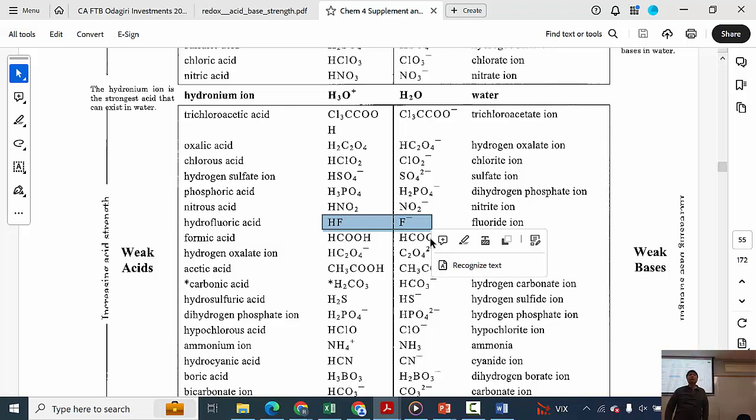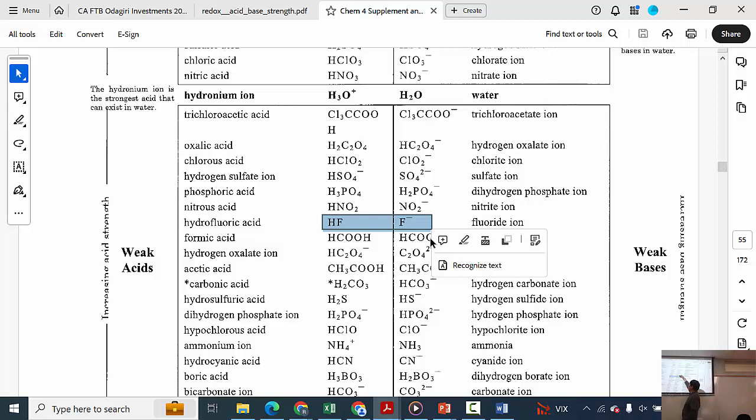If HF and fluoride react, we form fluoride and HF. Nothing changes, because if we donate the hydrogen to fluoride, then we have HF, and the other is left as fluoride because we're donating an H+. So we get no reaction. We start off with HF and fluoride, we end up with HF and fluoride. There's no change.